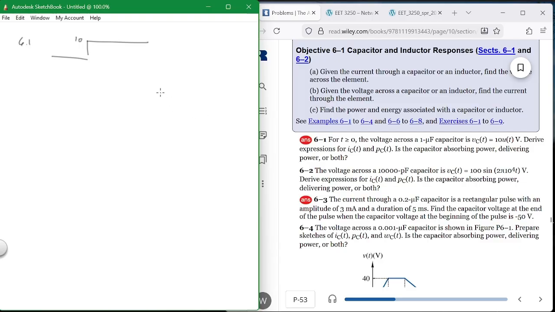So what's iC? i of the capacitor is equal to what? How would you graph it?